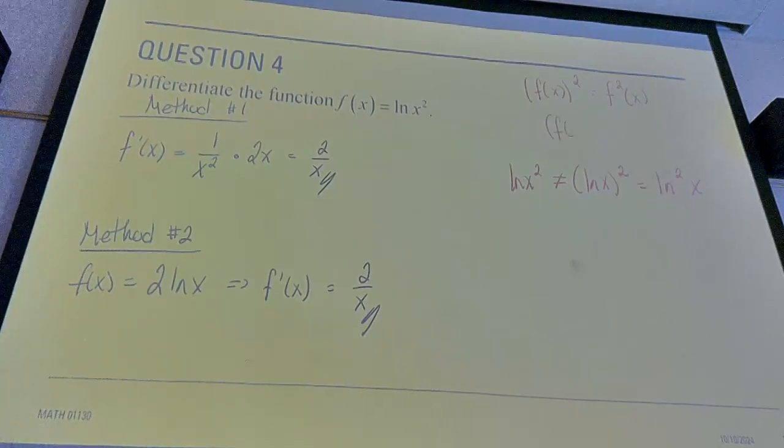Just negative 1. That negative 1 on the right means the inverse of f, not the reciprocal of f, whereas the one on the left would be the reciprocal of f.